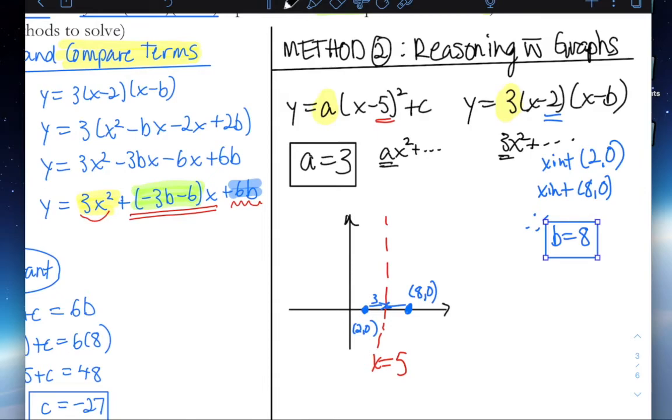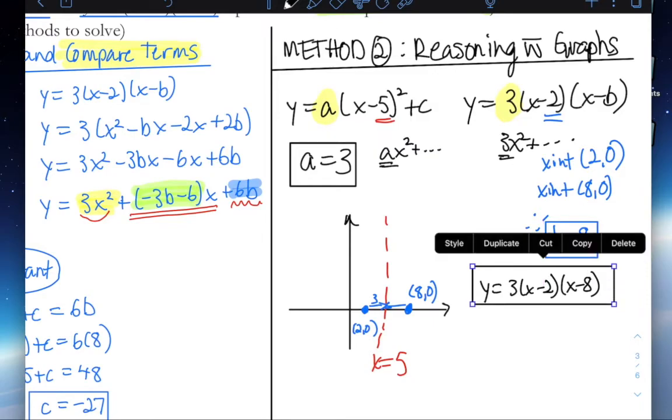Okay, so we actually know all the parameters of this form of the parabola, which describes our given parabola. We just fully know this form. We just don't know the vertex form completely because we still need to find c.